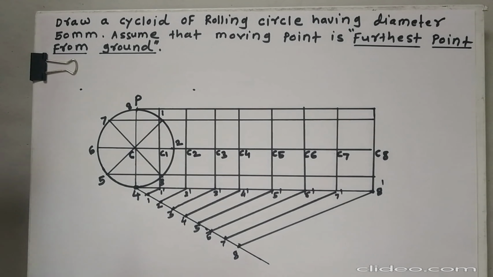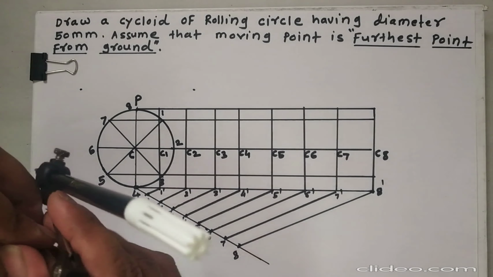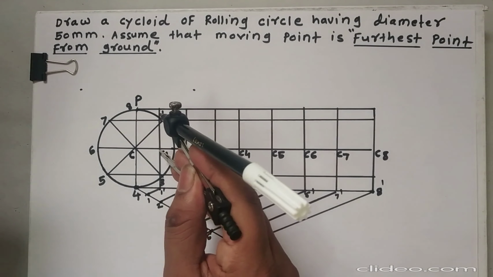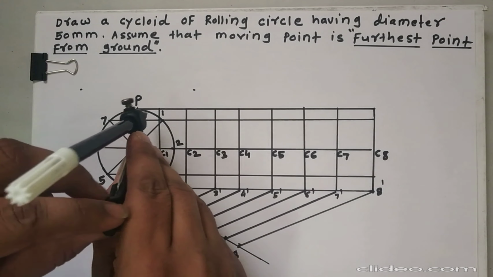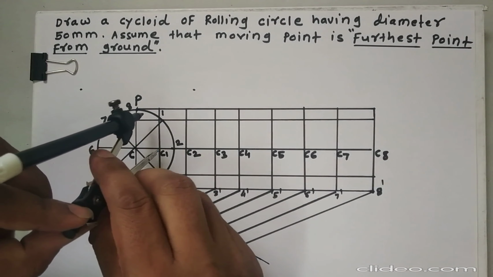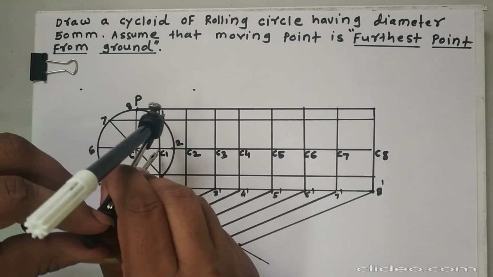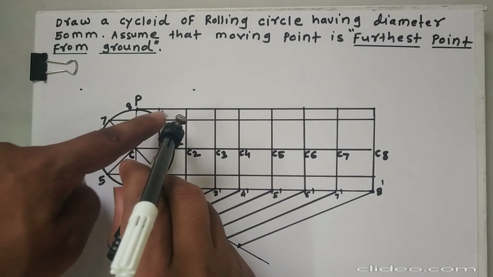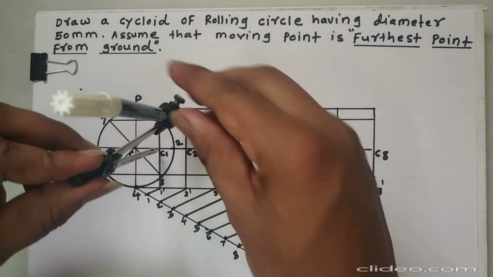Now consider C1 as a reference point. With 25 mm radius, we need to cut the 7-1 line. It will cut over here.